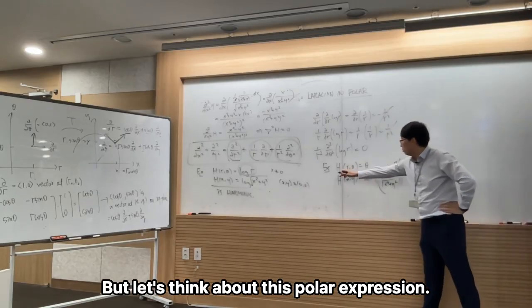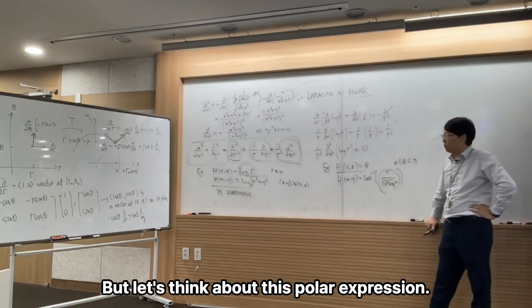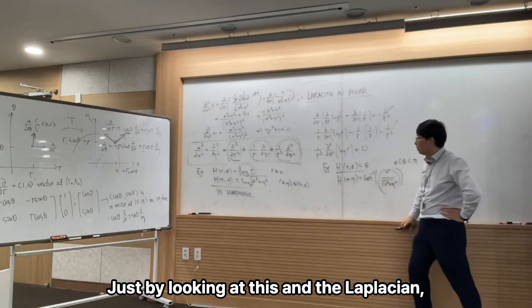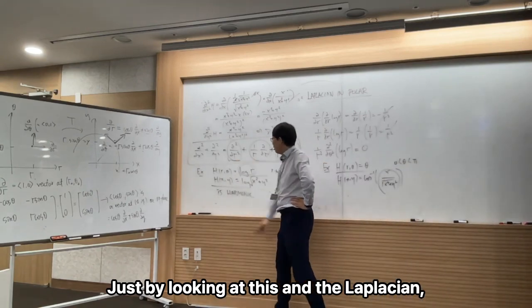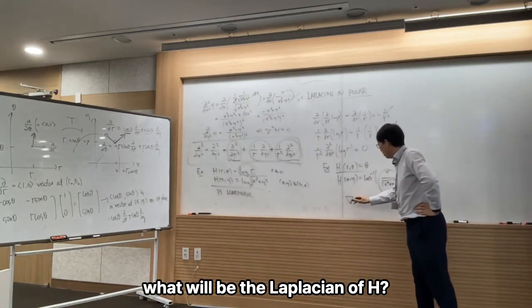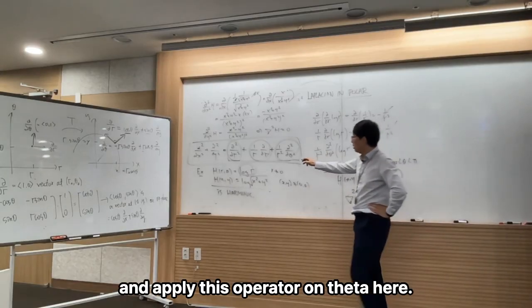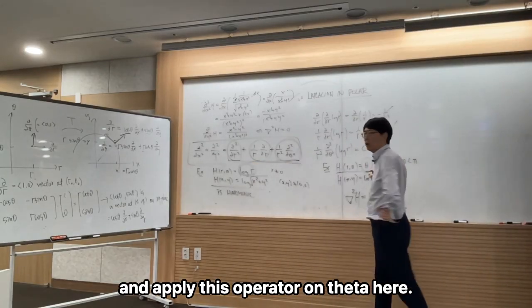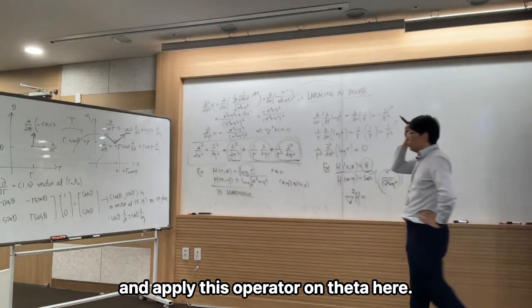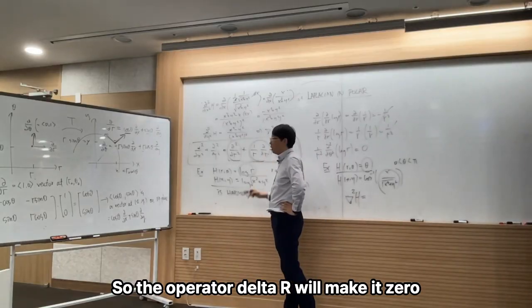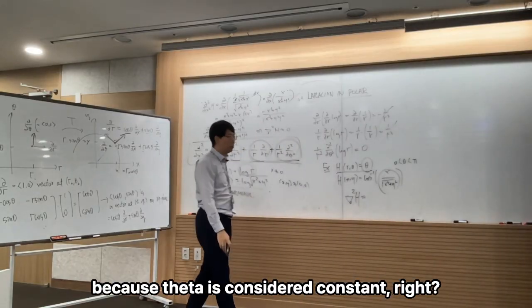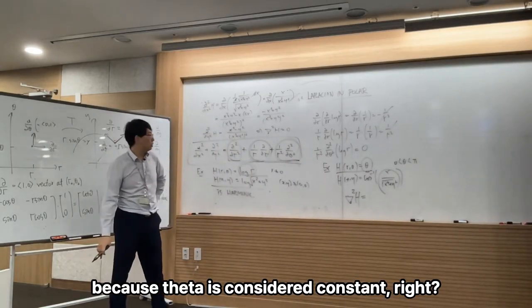But let's think about this polar expression. Just by looking at this and the Laplacian, what will be the Laplacian of H? So now you plug in theta and apply this operator on theta here. The operator del del r will make it 0 because theta is considered constant, right?